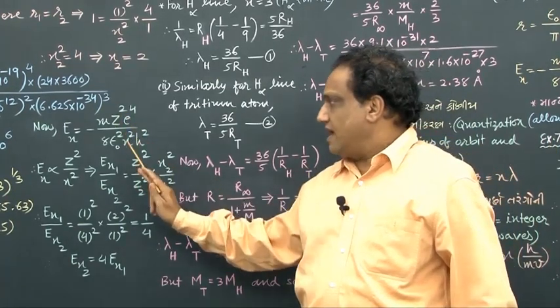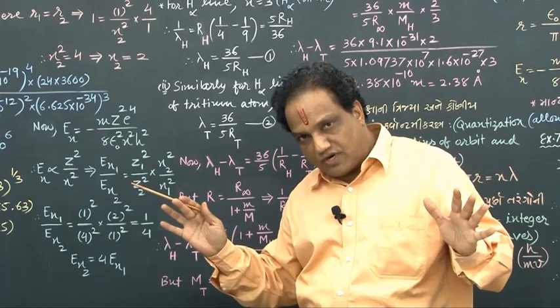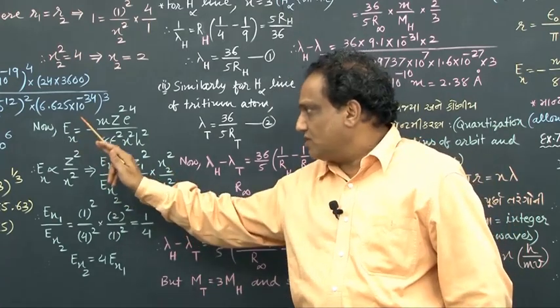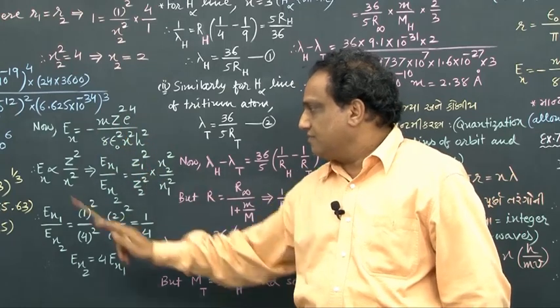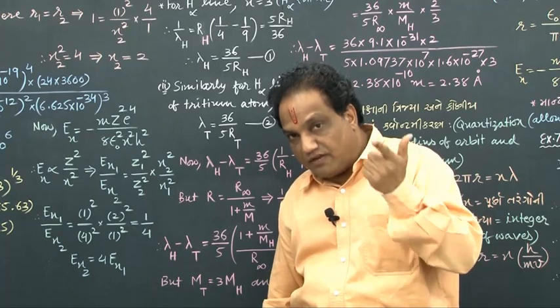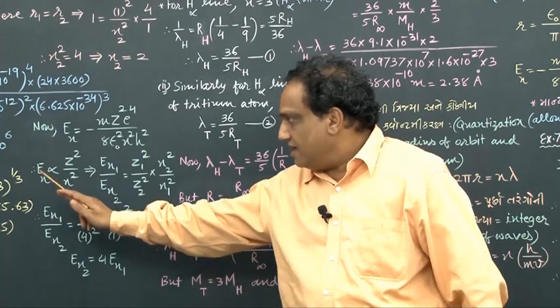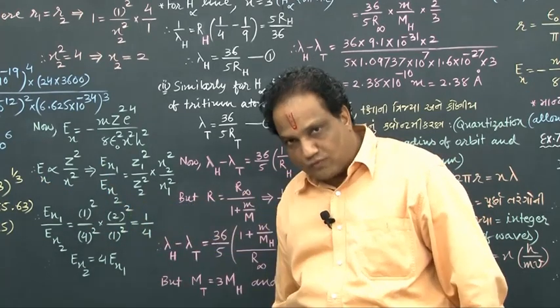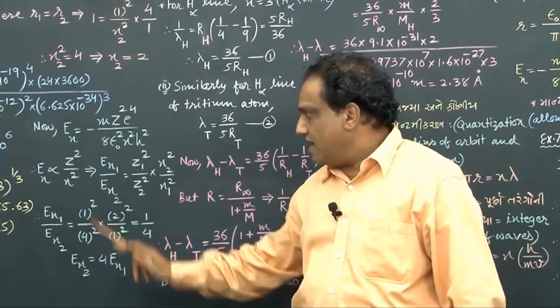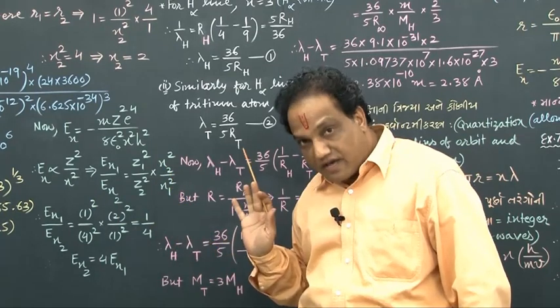Except z square and n square, the rest of the quantities are constants. So if you remove them, then En proportional to z square upon n square. Mathematically, next step, En1 upon En2 equals z1 square upon z2 square multiplied by n2 square upon n1 square.